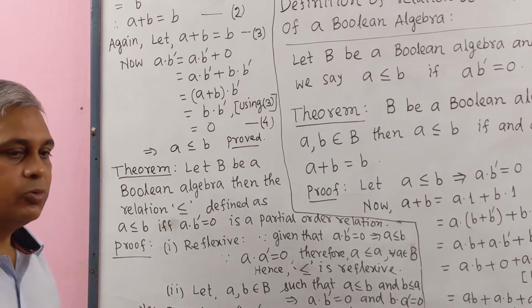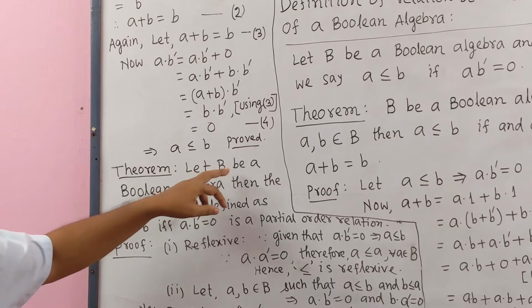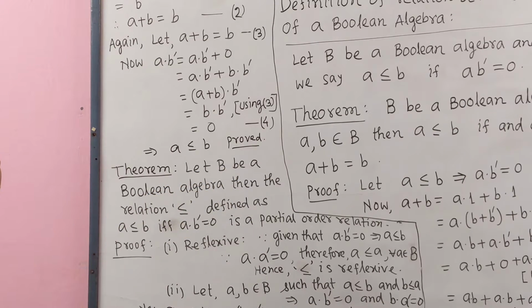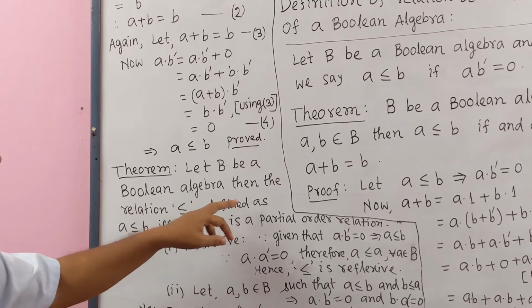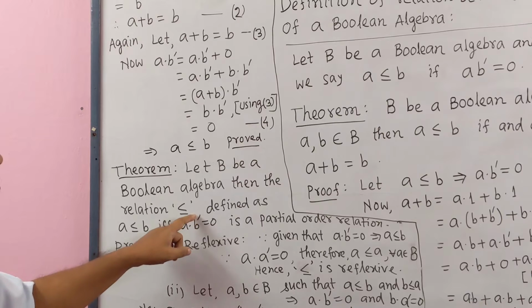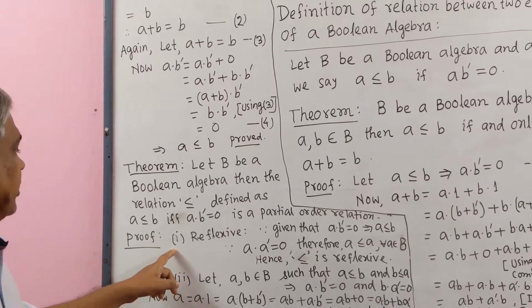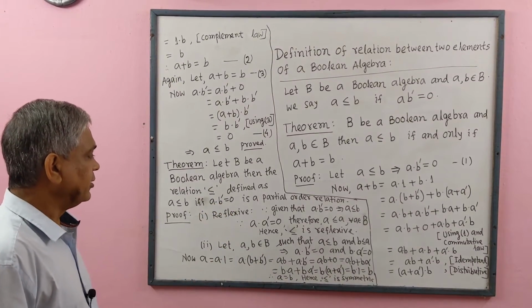Now we prove a theorem. Statement of the theorem: let B be a Boolean algebra, then the relation defined as a is related to b if and only if a dot b prime equals 0 is a partial order relation. Now we prove this. Number 1, reflexive property.